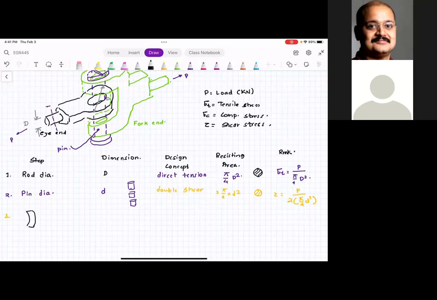So what we do is modify pin diameter for bending. And what that means is d is approximated to capital D. This is just a normal practice for standardization.